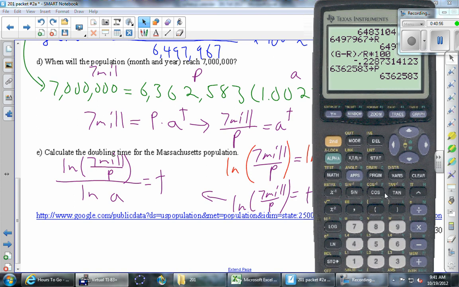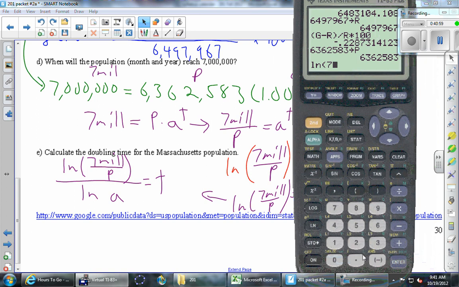So here we go, ln of 7 million. Okay, so you could hit the 0 6 times. Anybody know the shortcut for that? All right, so times 10 to the 6 is a little bit better than hitting 6 zeros. And see this yellow E here? Second E. I don't know why it says EE, but then it shows you only one E, but that's 7 million right there, 7E6.